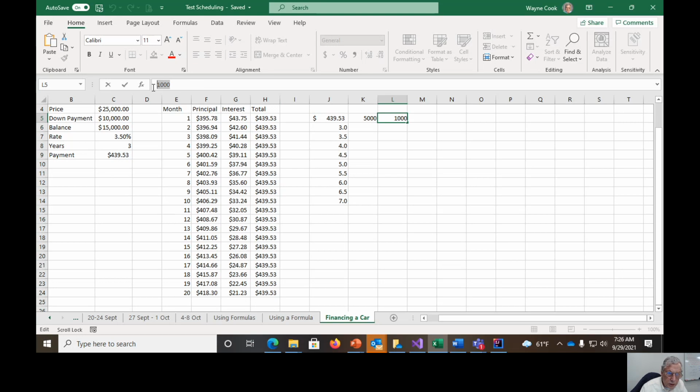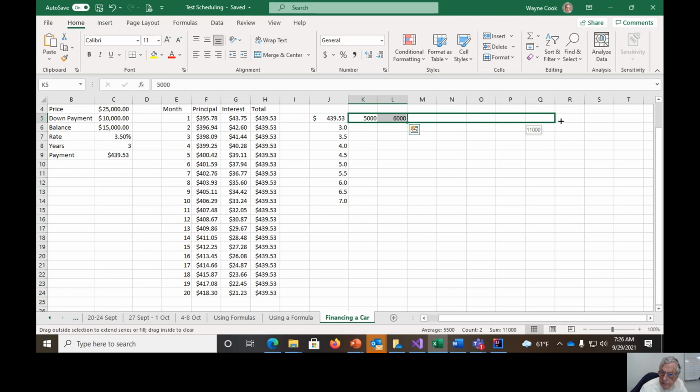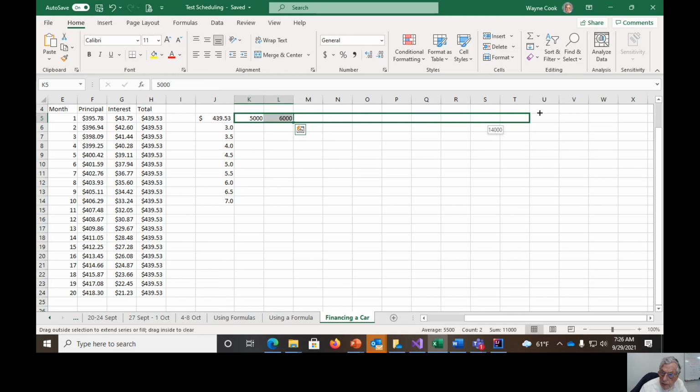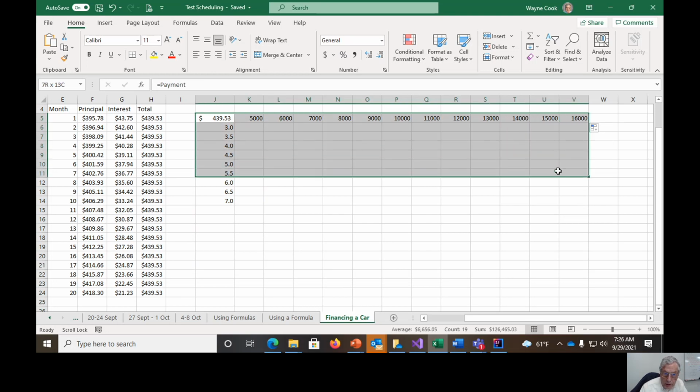I'm just going to make it 6,000. And then go up through, let's make it 16,000 down payment. Now notice I have a table here, and I'm going to select the table, all elements of it.